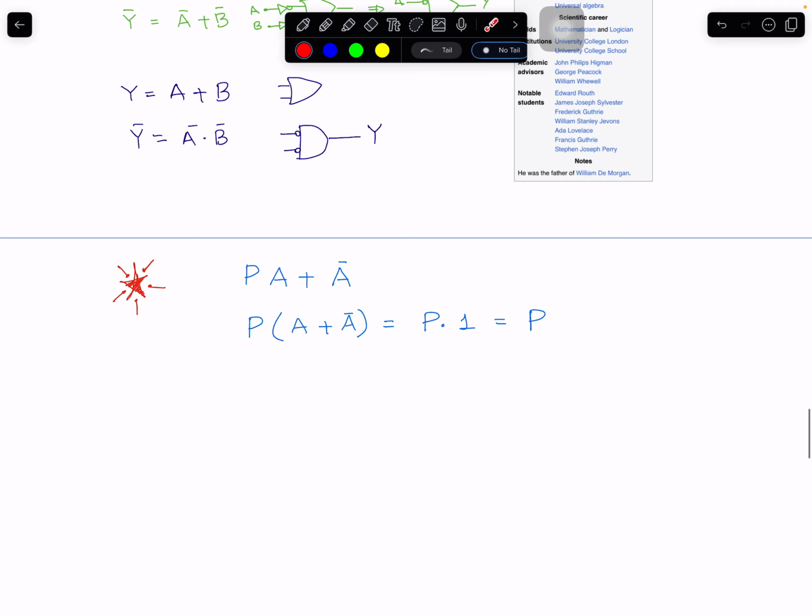Another one, a key one actually used in simplification. So if you have a combination where B is another input, could be F, could be anything. But if you have a situation where input A is multiplied, meaning an AND gate with B and A, and then OR with this, with inversion.